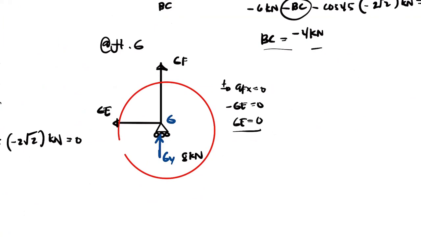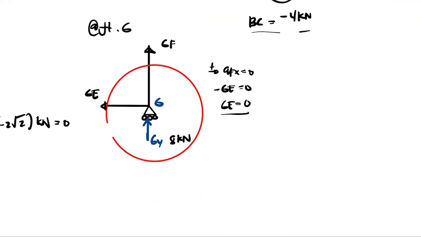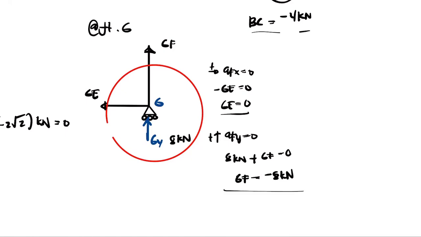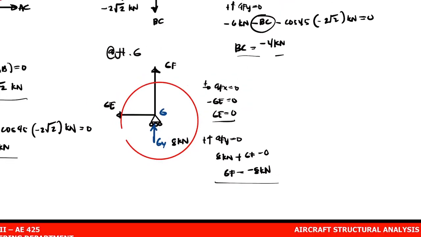Okay, kasi wala nang X component dun sa joint G. Okay, next, at summation forces Y is equal to 0, going up is positive. Meron tayong positive 8 kilonewton plus GF is equal to 0, and GF is equal to negative 8 kilonewton. Okay, so yun yung ating value ng GF.